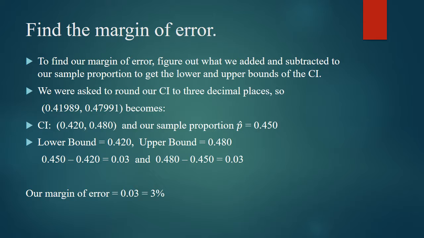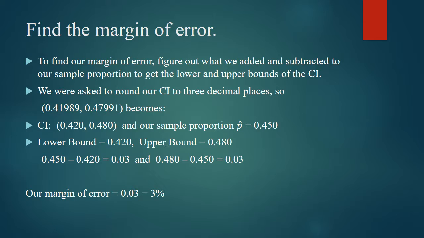Our lower bound is 0.420. Remember, we round that 0.4198. The 8 rounds the 9 up, so 419 becomes 420. The upper bound, 0.4799. That 9 rounds the 479 to 480, and that's our upper bound.